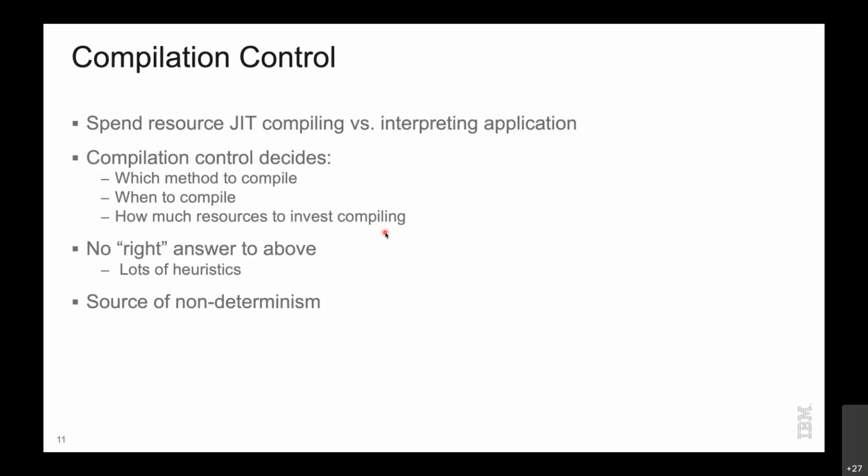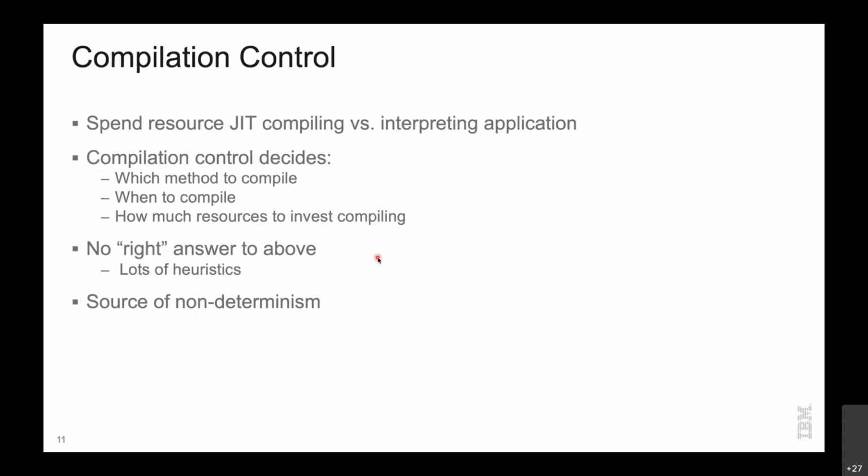As you can imagine, there's no really right answer to any of the above questions, which is why compilation control typically has quite a lot of heuristics, which have been fine-tuned over decades of JVM development. And this is also partly the reason why it's quite a big source of non-determinism. Compiling the same application many times can result in slightly different JIT compilations happening to the exact same method.